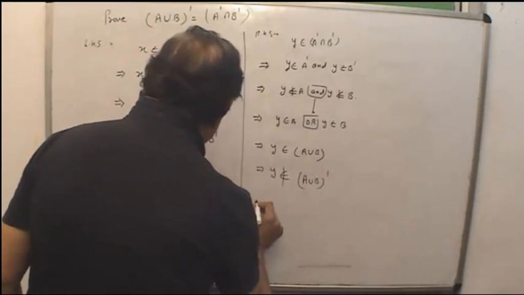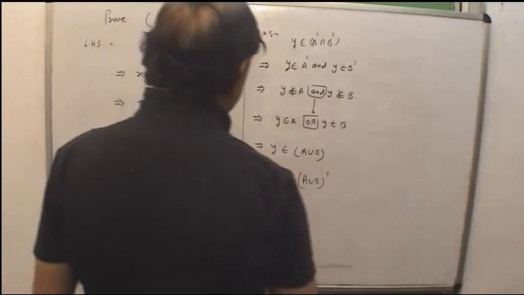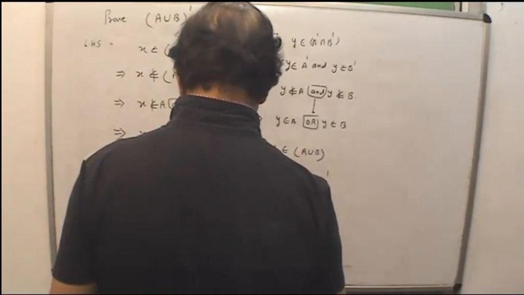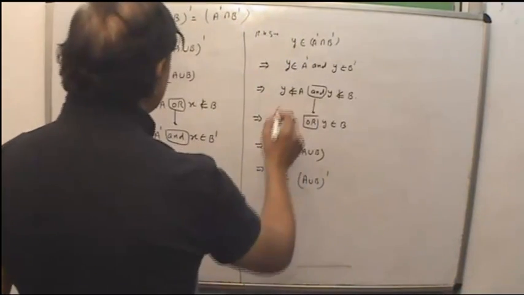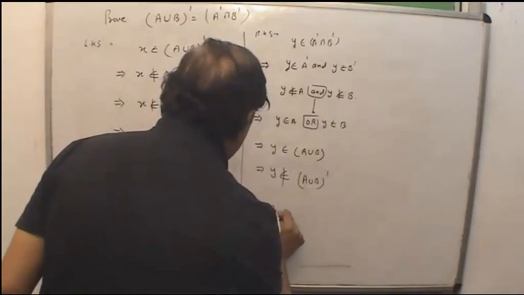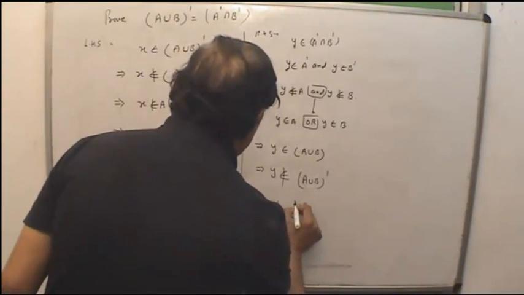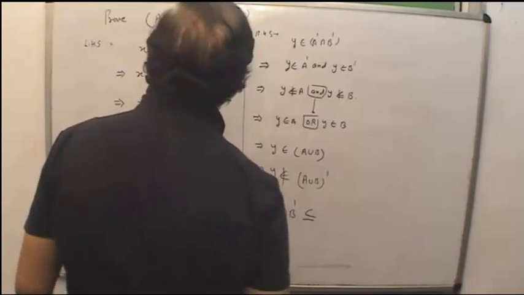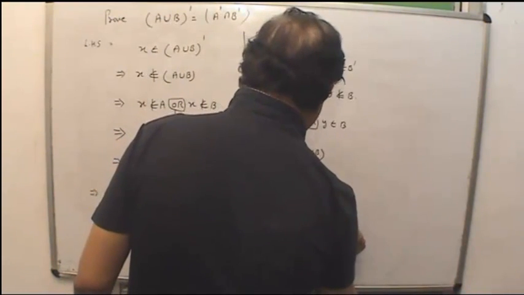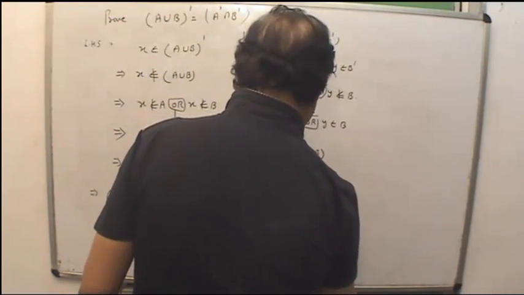Therefore, we have proved that A complement intersection B complement is a subset of A union B complement.